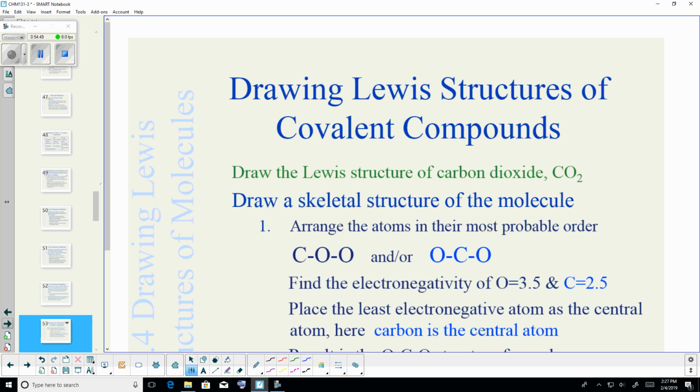Okay. Here we're doing carbon dioxide. If you didn't know better, there's 2 ways you put them together, OOC or OCO. You check the electronegativity. Carbon is less than oxygen, so carbon goes in the center.